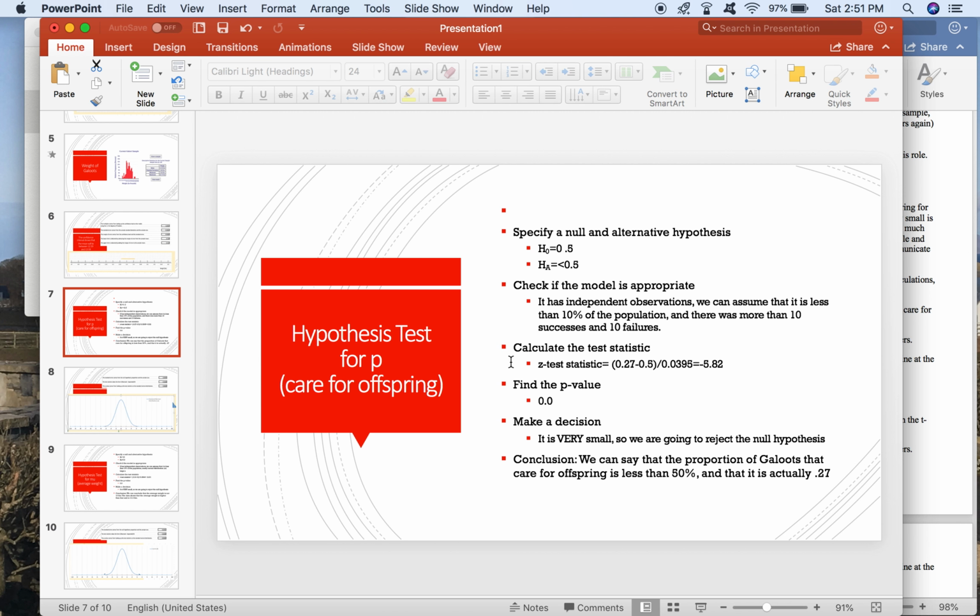I checked if the model was appropriate: independent observations, we can assume it would be less than 10% of the population, and there were more than 10 successes and 10 failures. Then I calculated the test statistic, and the z-test statistic is negative 5.82, sorry.